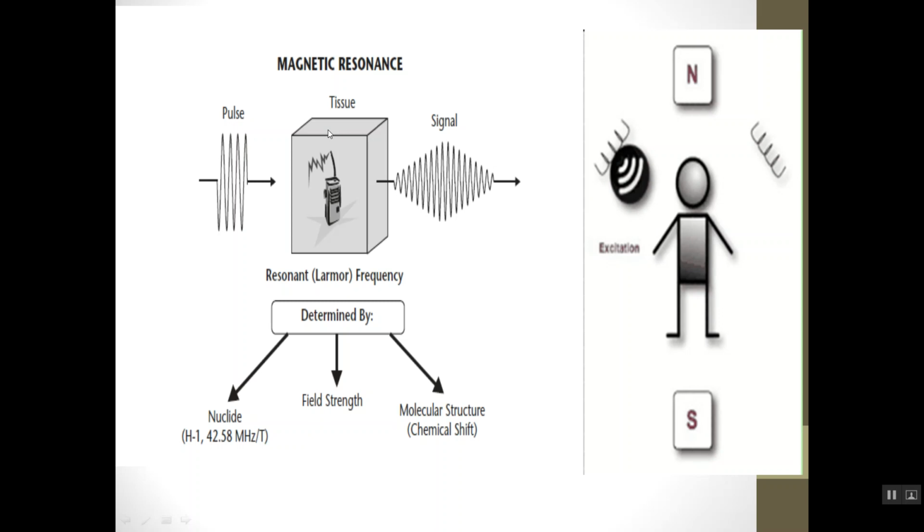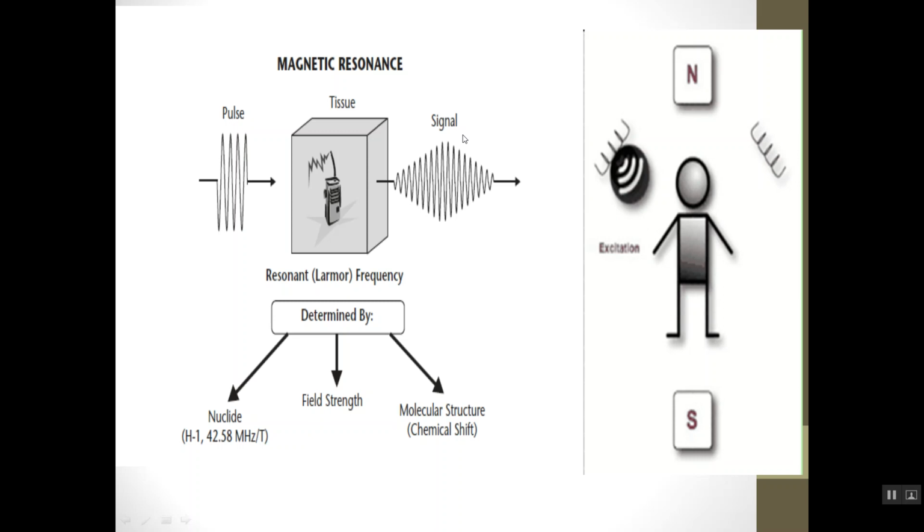Let us talk about the tissue itself, which is receiving the radio frequency pulse coming from the coil. Which part of the tissue inside our body is receiving this pulse? Which molecule, which atom is receiving the radio frequency pulse?